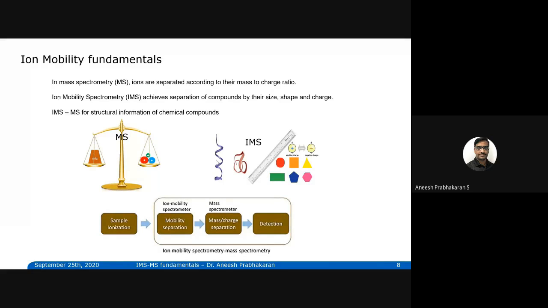For example, especially in biological samples, I can give an example of how cataract forms in our eye lens.